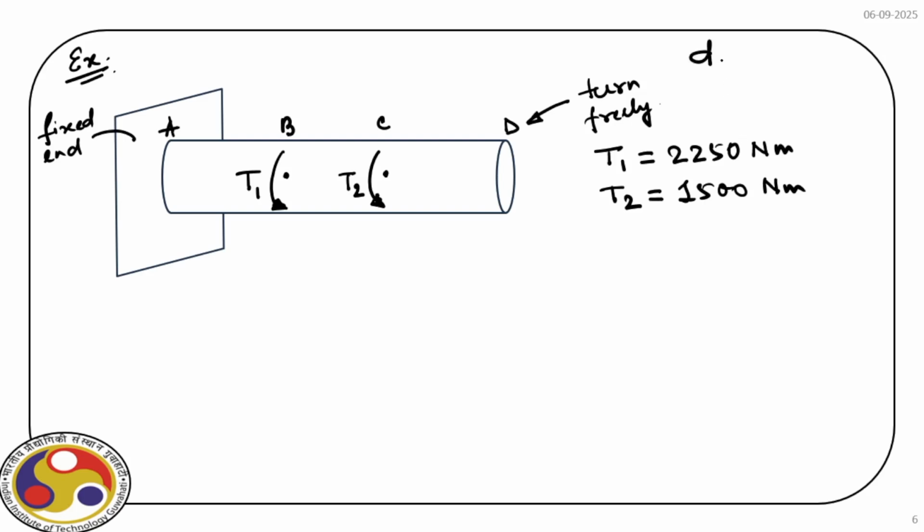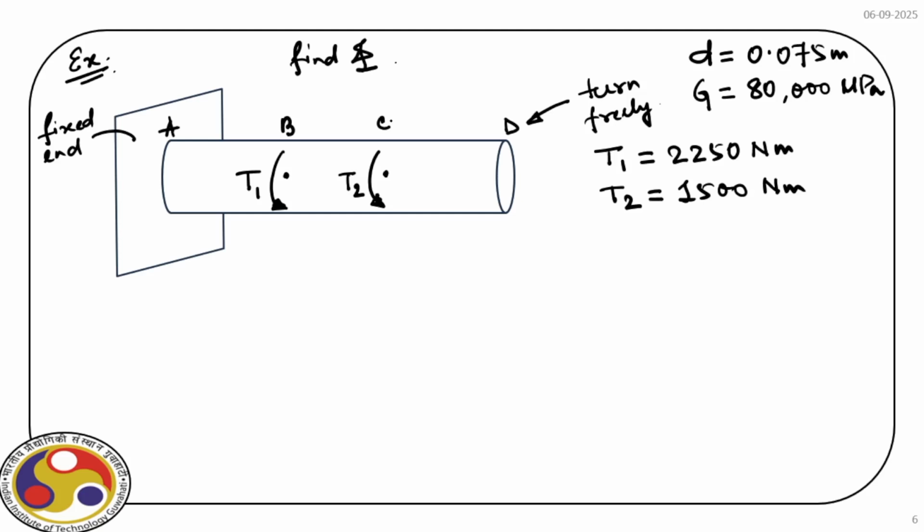Diameter D is equal to 0.075 meter, and the G is 80,000 megapascal. Our task is to find out the value of phi.